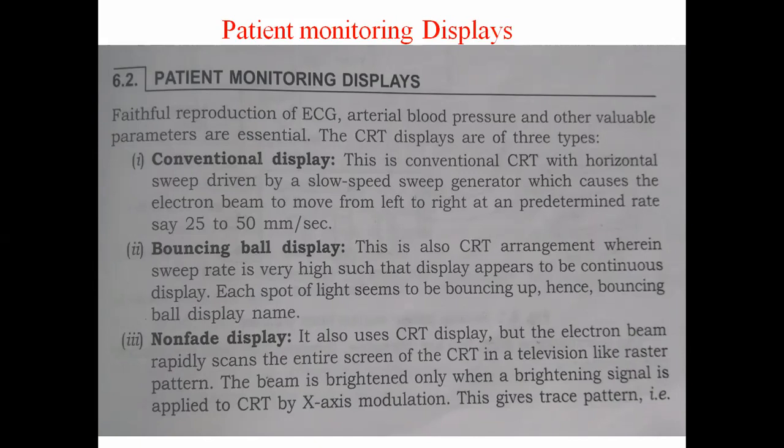For the transistors we give a sinusoidal input from a source generator, apply that input to the transistor, and we get the output. Okay, so we have to analyze the output voltage for different frequencies.